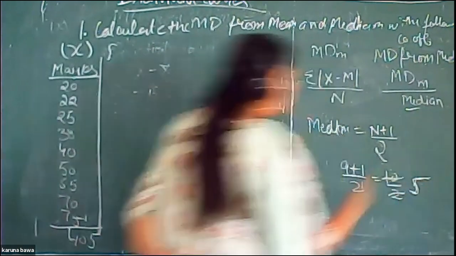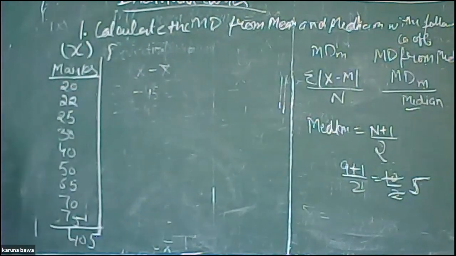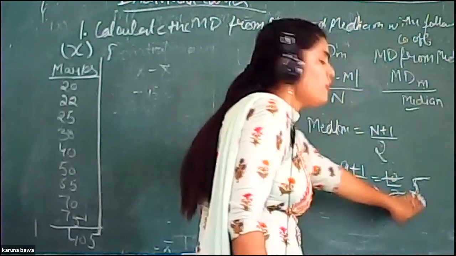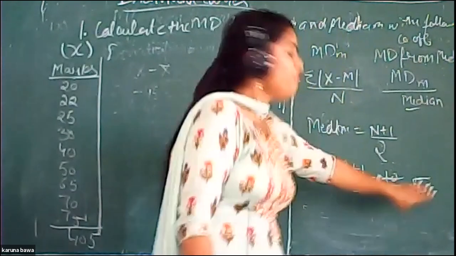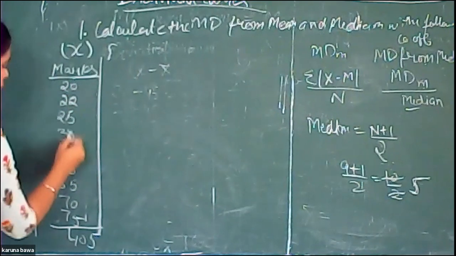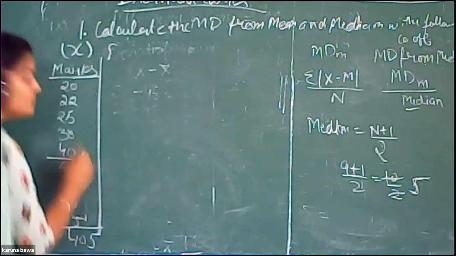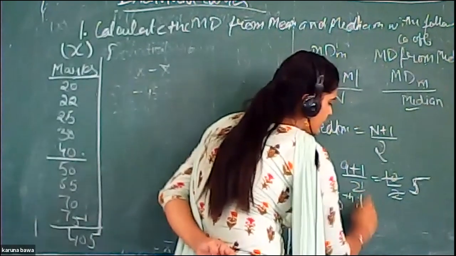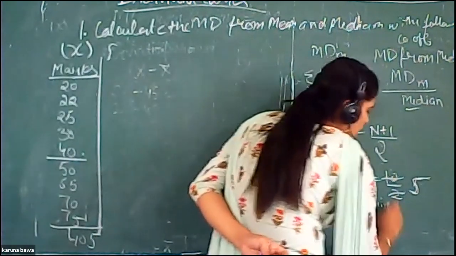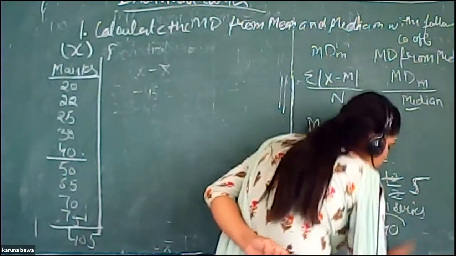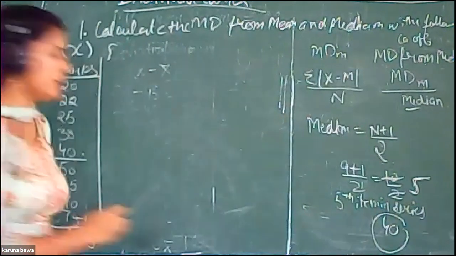So 5 is the median position. We find the fifth value in the X series: 1, 2, 3, 4, 5. The fifth item in the series is 40. So 40 is the median.